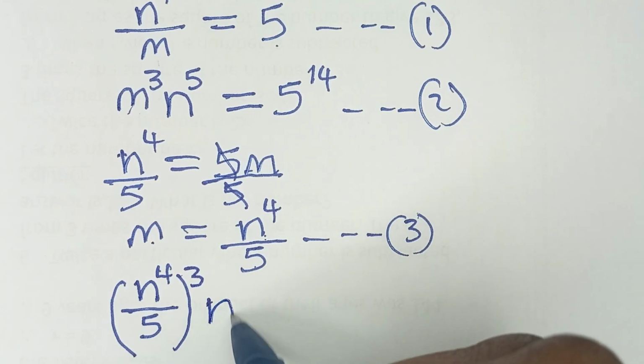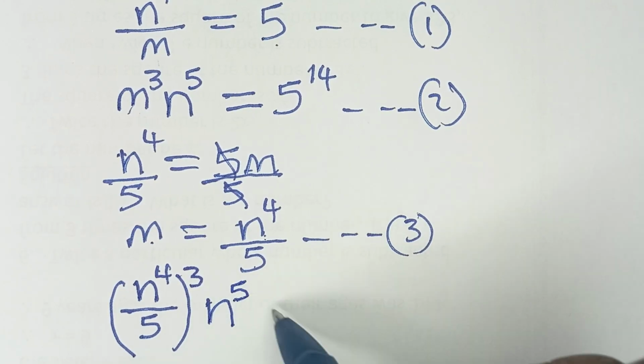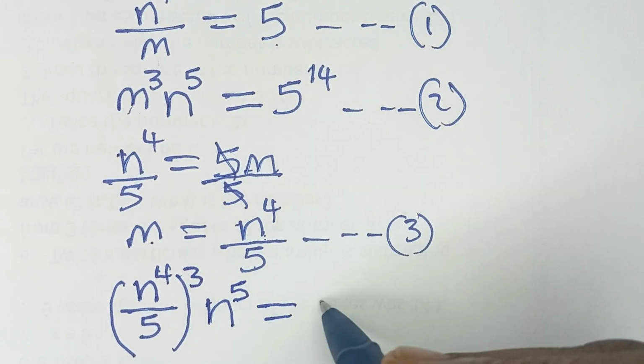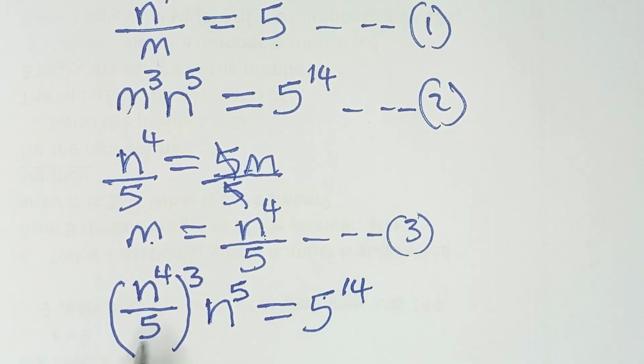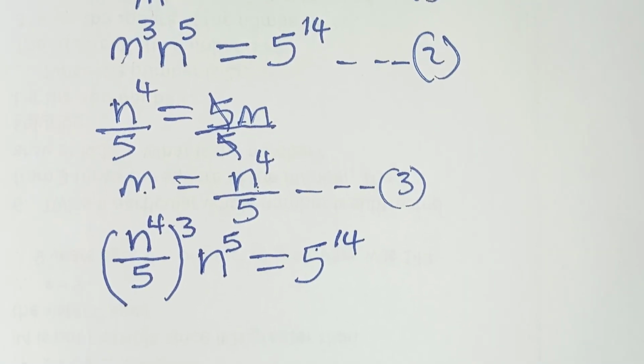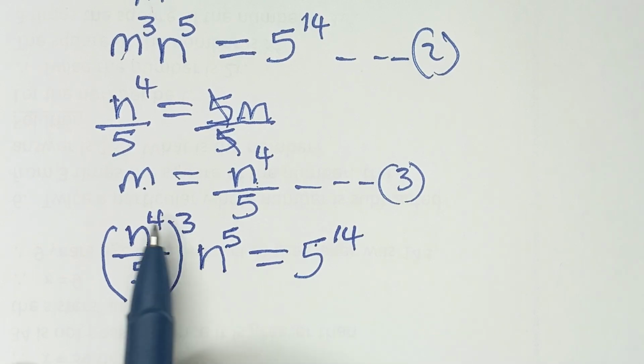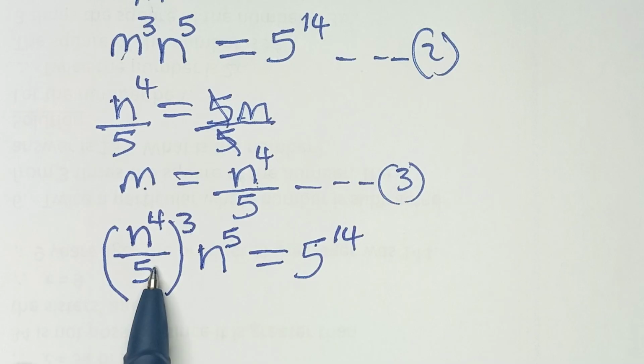And then multiply by n raised to power 5, and that will be equal to 5 raised to power 14. Now, simplifying this further, these powers will multiply each other, and this power will also affect the 5 that we have here.